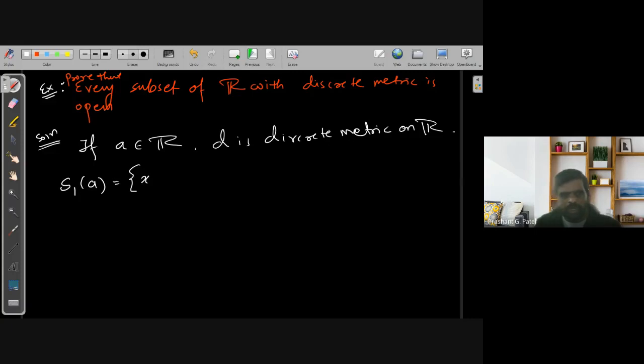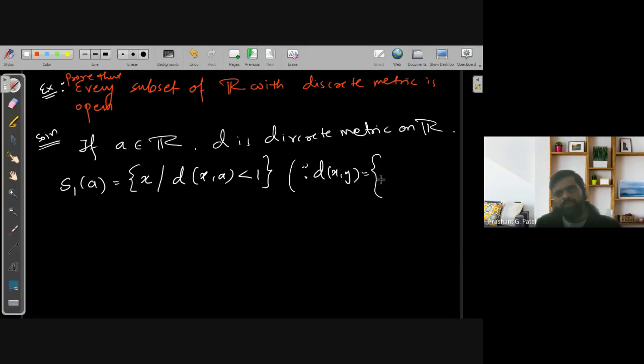We know that it is the set of all x such that the distance between x and a is less than 1. But as per the definition of a discrete metric, for every x, y we have two conditions: it is 0 if x is equal to y, and it is 1 if x is not equal to y.